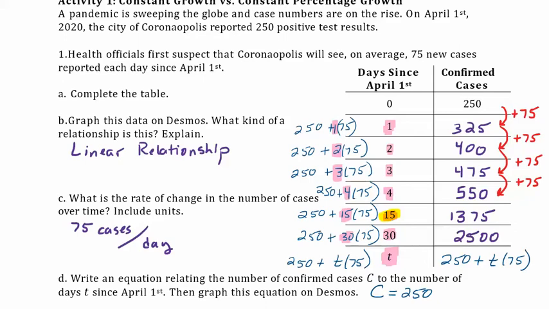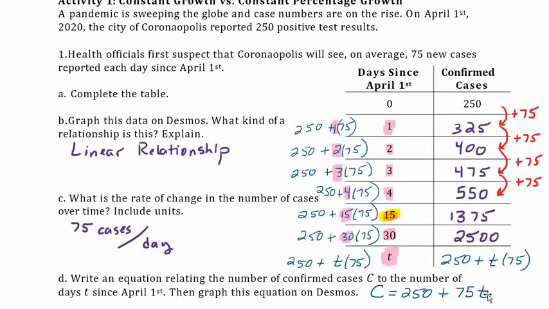That's what we started with on April 1st, plus however many days times 75. Now we could write this a little nicer like that, 75T. But if you put T times 75 in parentheses, that's great as well. Okay, this is really important right here, so hopefully you're understanding this. How many cases did you start with, and how many are you adding each day in this case?